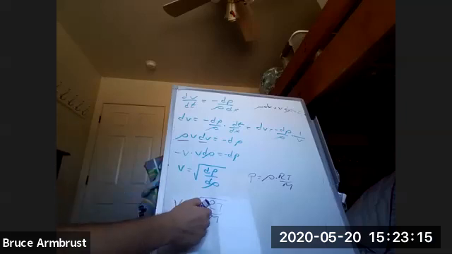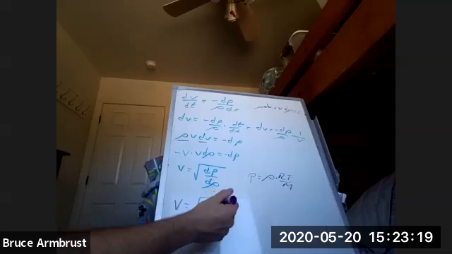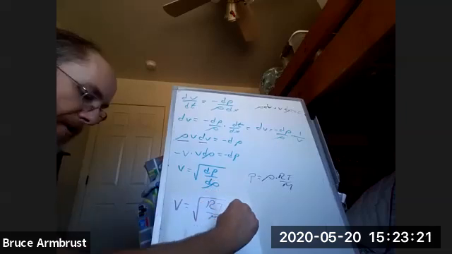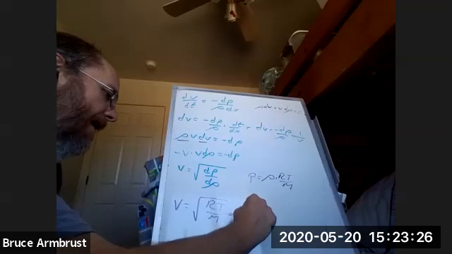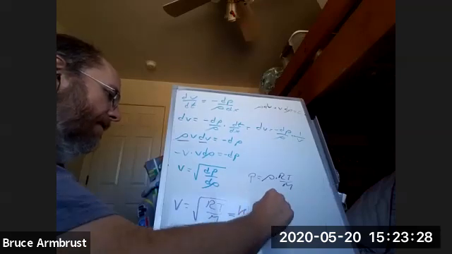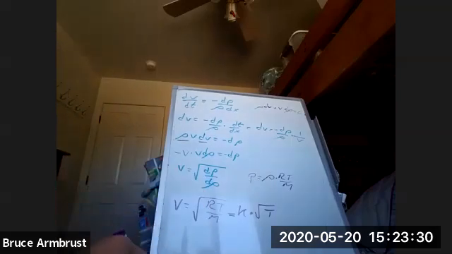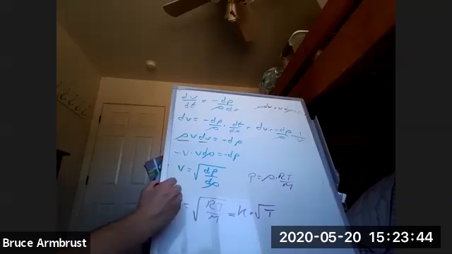Since R and M are fixed, R is a constant, M is according to whatever the gas is, I just want you to notice that this is some multiple, I'm going to call it K, times the square root of T. And here's the end result of this, what I want you to see: this is our speed.